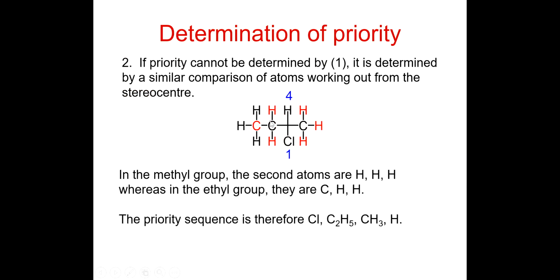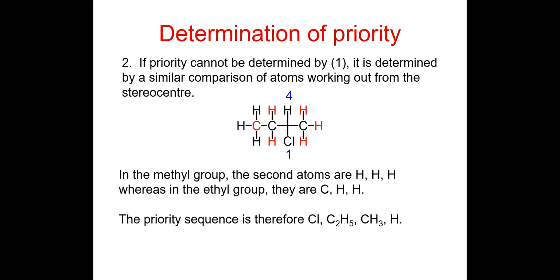For example, for this compound here, it is obvious that hydrogen again has the lowest priority, and chlorine has the largest atomic number. So we only need to tell which of the methyl group and ethyl group is higher.